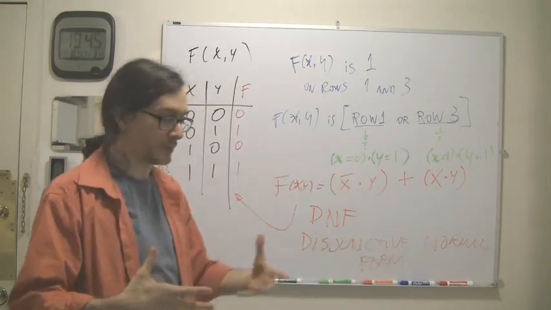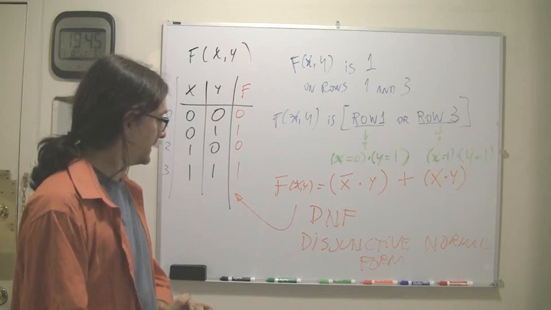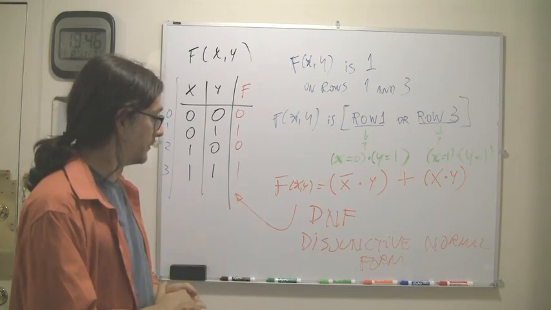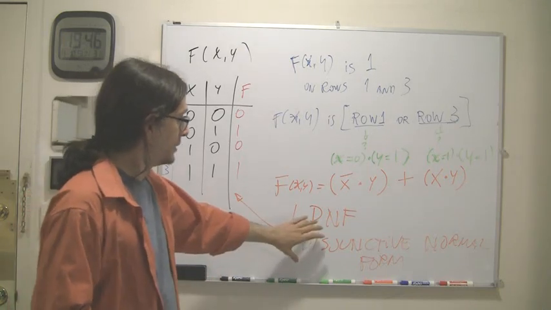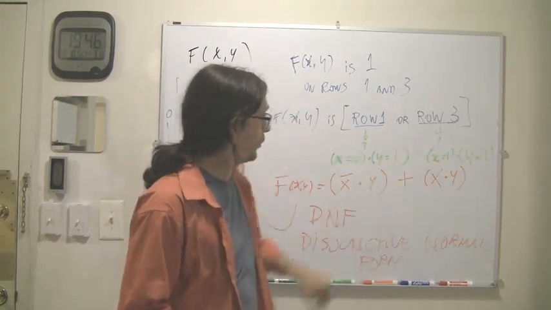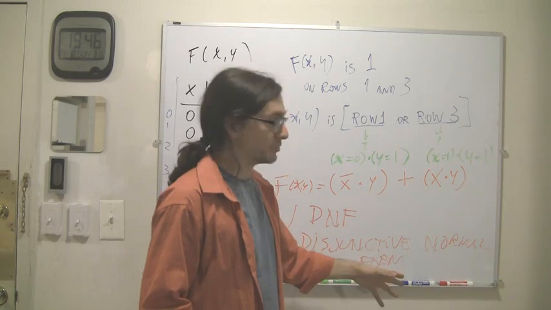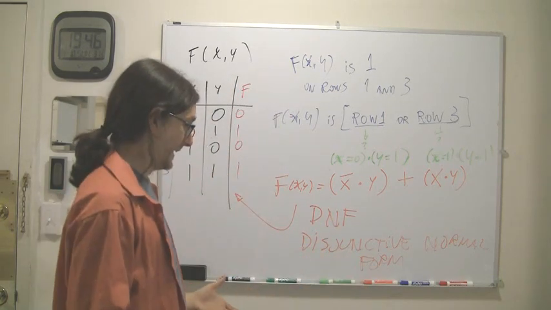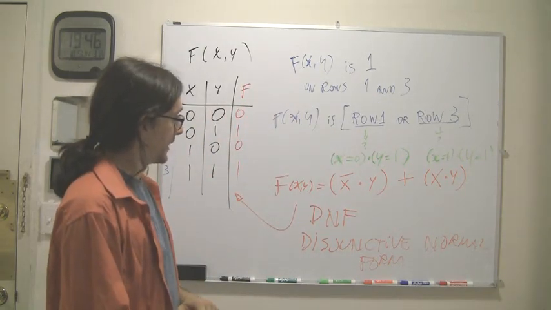Disjunction means or, an alternative between two possibilities. If either or both are true, the whole thing is true, otherwise it's false. That's a disjunction. So this is written as an OR of all the rows. And normal form means standard form. It's a standard way of writing a truth table as a Boolean expression.